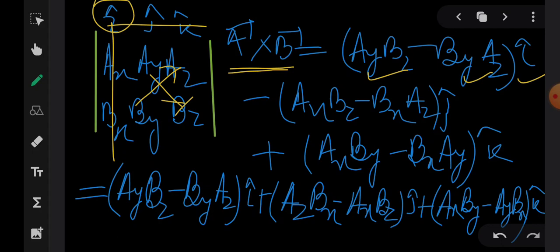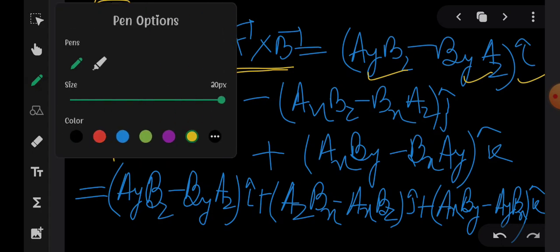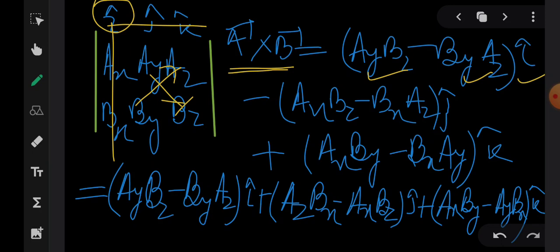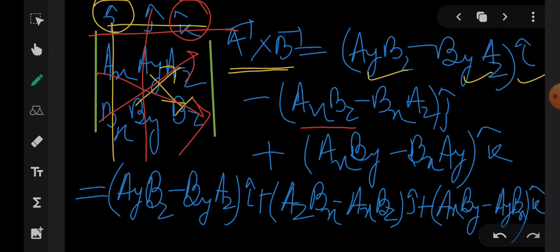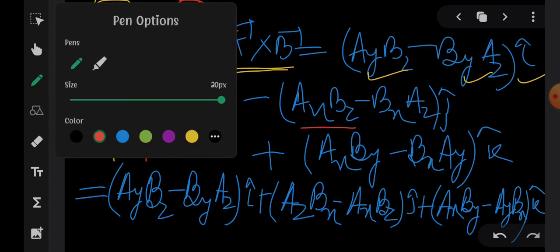Thereafter minus. Now for the next bracket, strike the column and row in which J lies. So this will be struck and this will be struck. What is left is AX BZ minus BX AZ. This is J. Then plus K. So strike the row and column in which K lies.